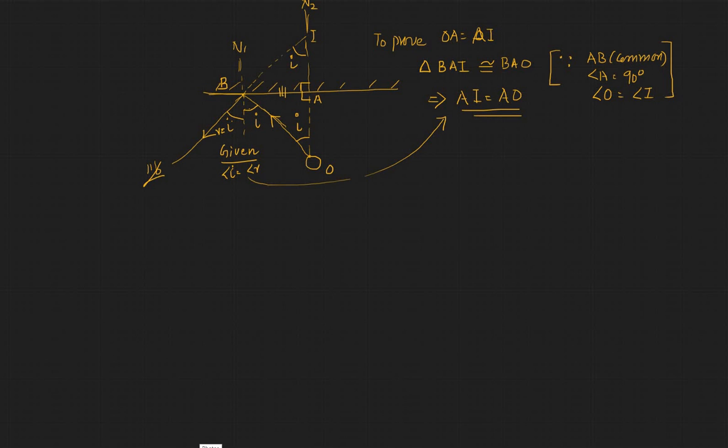So now here is a question. Let's assume that your object is here and your eye is here, and in another case your eye is here, so how would we draw the ray diagrams?